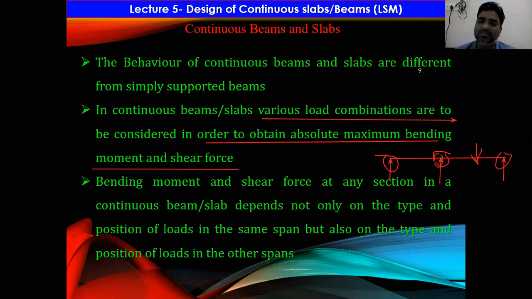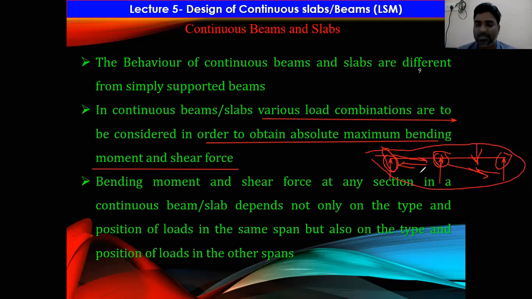Some percentage of reaction or bending moment is shared to this support and similarly to this support. And similarly, some percentage of resistance from this support will be shared to this support, and similarly from this support to this support. It is because it is a monolithic construction, and whenever you apply the load, the effect will be shared. The total beam will be affected, right?